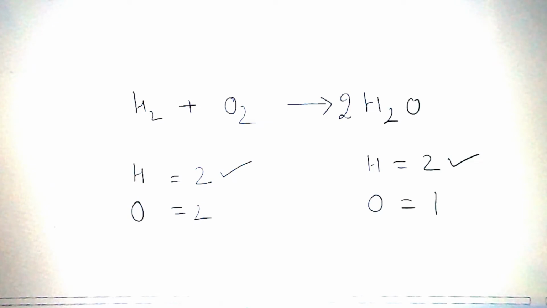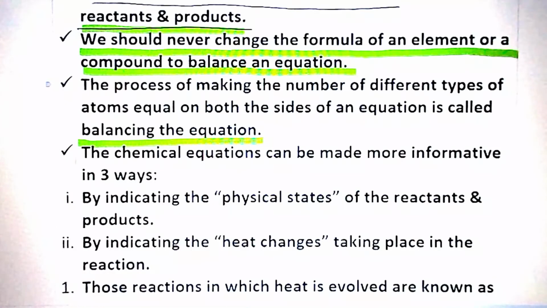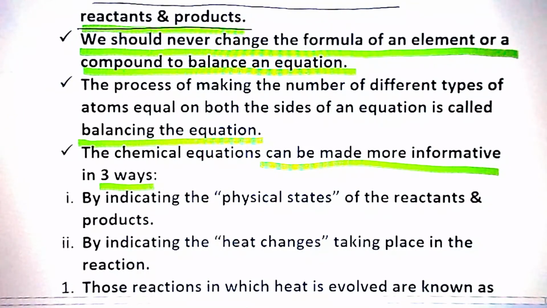But while balancing the equation, hydrogen atom is not balanced. That is, in the reactant side, number of hydrogen atom is 2 and in the product side, number of hydrogen atom is 4. Then we have to balance the hydrogen atom. In the reactant side, if we write 2, then the number of hydrogen atoms becomes 4. The reaction is balanced.